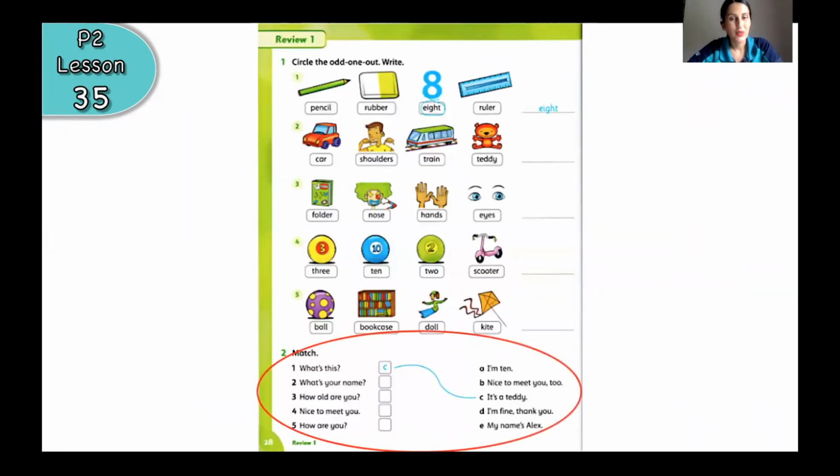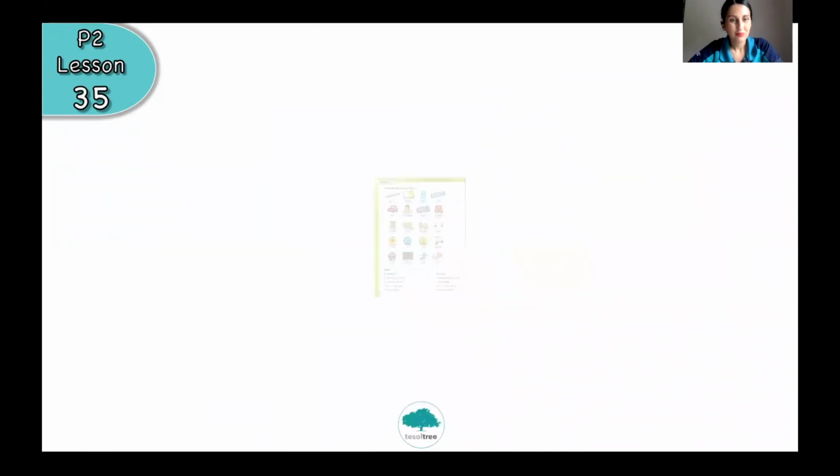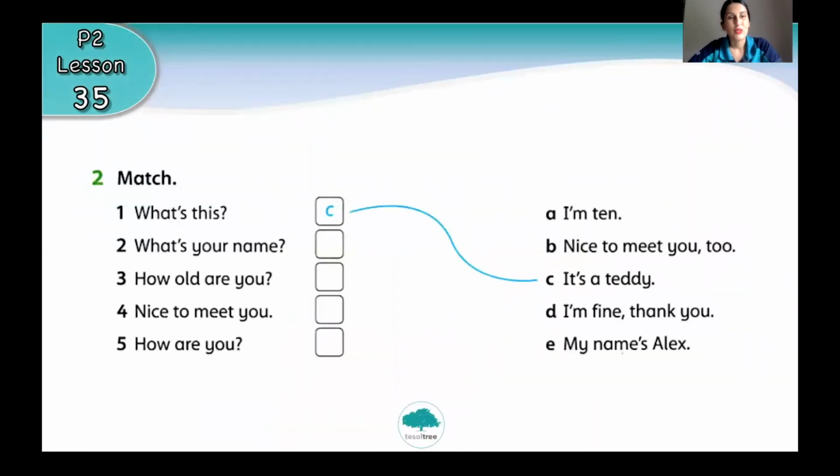So let's have a look at the task. We are going to match the questions and the answers, write the letters in the box, and then draw a line. So we have questions. Let's read them together.